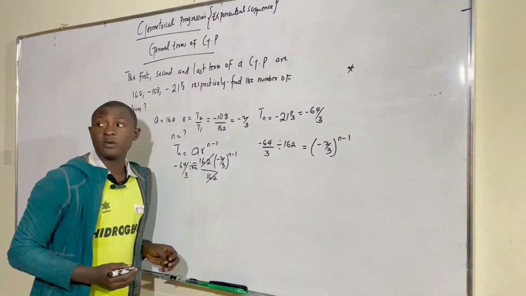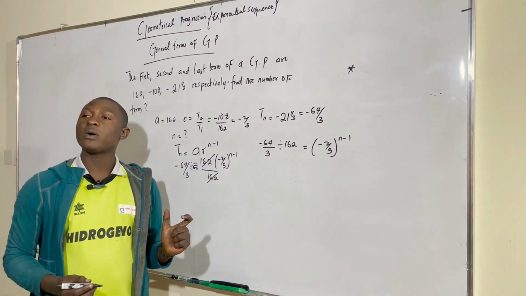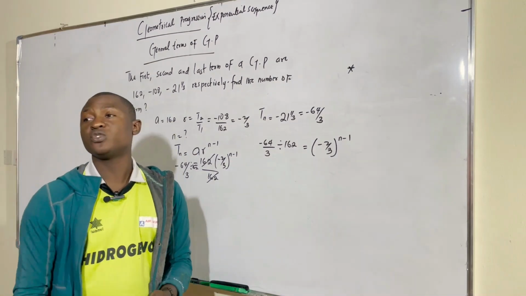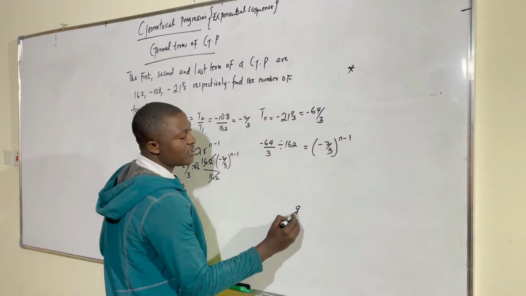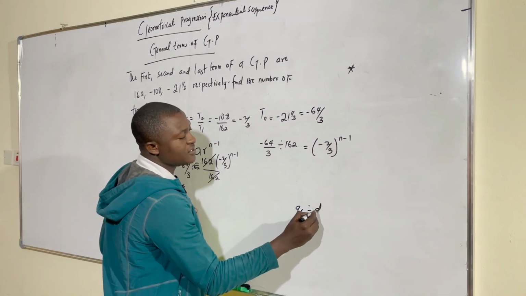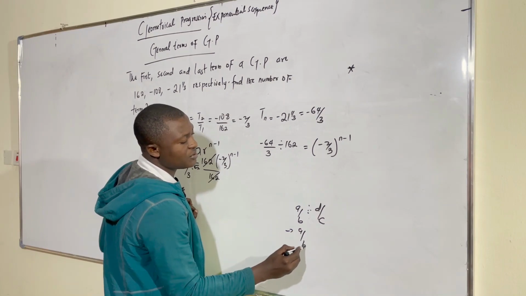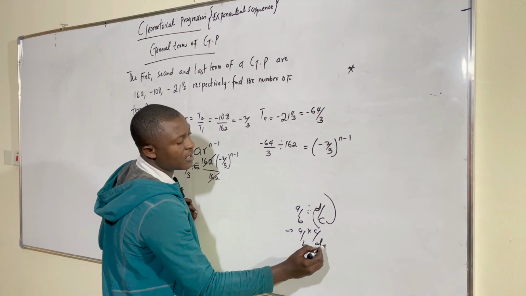Remember the law of reciprocal. If you have division between two fractions, how can we deal with that? When we have division between two fractions, the division sign changes to multiplication. So if I have a over b divided by c over d, I can change the sign so that this is a over b, then this moves up and this moves down, that means we have d over c.